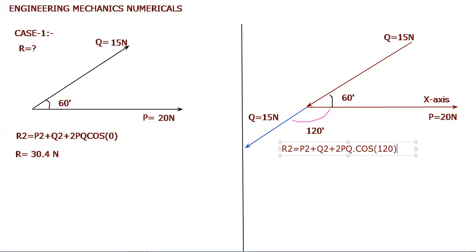Okay. And what about P and Q? Your P is 20 Newton. So 20 into 20, that will be your 20 square, plus Q is 15 Newton, 15 into 15, plus 2 into P, that is 20, multiplied by 15 into cos of 120 degree.